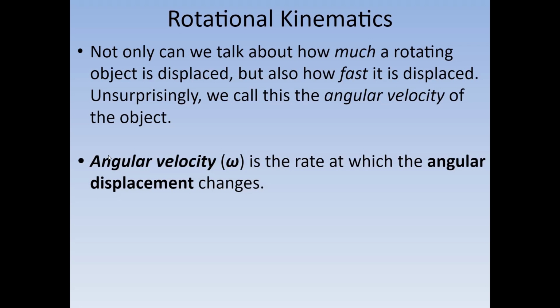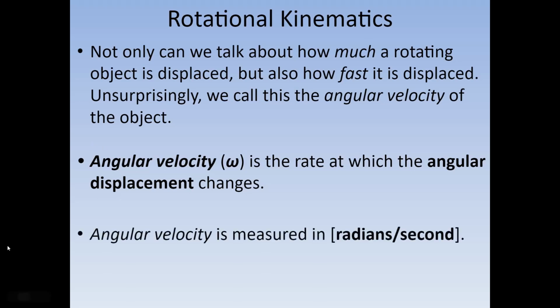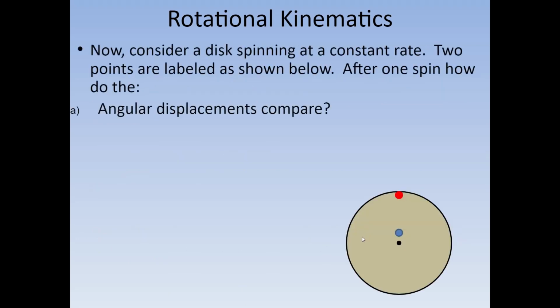If I'm given velocity and displacement and I'm looking for time, what equation would I use? Well, it turns out that you're going to use the exact same equation, just the angular versions of that, right? So the unit for angular velocity is measured in radians per second. And okay, we'll get to the equation later on.